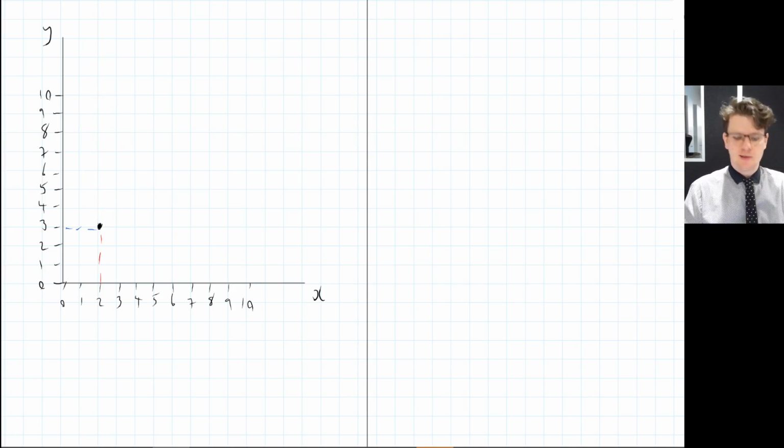And so I'm going to name it 2, 3. Now the 2 comes first because it's on the x-axis, and x-axis always comes before the y-axis. So that's really, really important that we make sure we do that. So that point there, that little black dot, is 2, 3.